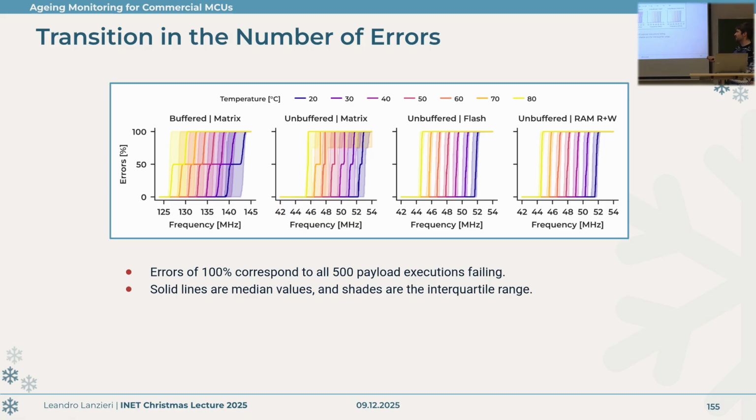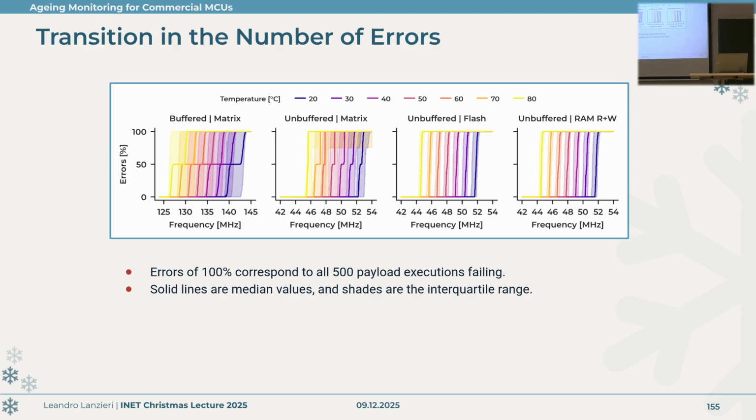Let's imagine that we are incrementing the frequency of the clock from 42 to 58. This is how it looks when we count the number of errors at different temperature settings for the unbuffered matrix payload. We start with 0 errors and then it starts increasing, not linearly, but proportional to the frequency, until it comes up to 100%.